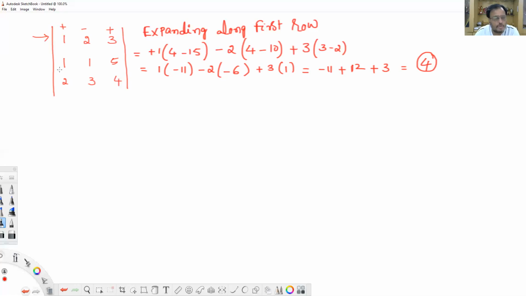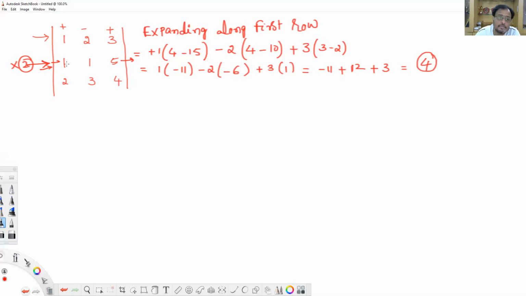Look at one example I'm going to tell you. In the second row, I'm multiplying every element by 2: 2 into 1 is 2, 2 into 1 is 2, 2 into 5 is 10.